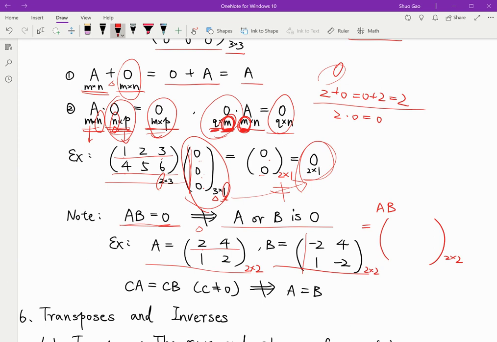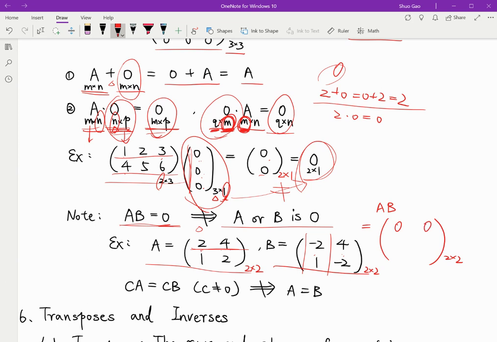So that's minus 4 plus 4, right? So this is 0. And then we use the first row and the second column to calculate. So that's 2 times 4 plus 4 times minus 2. So that's 8 minus 8.